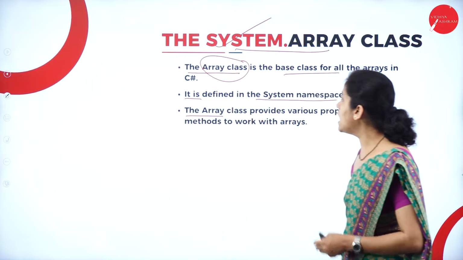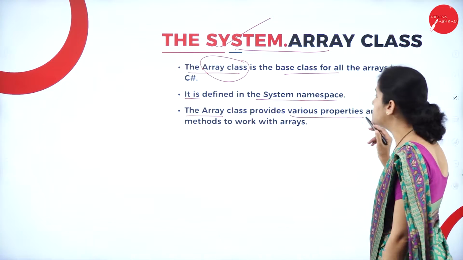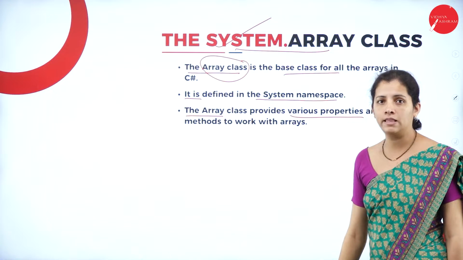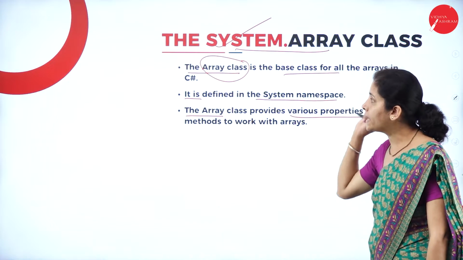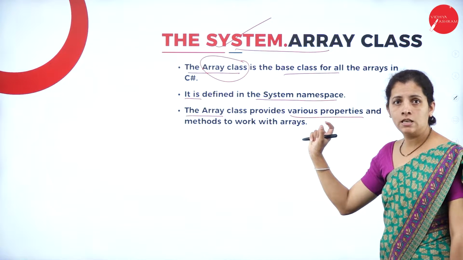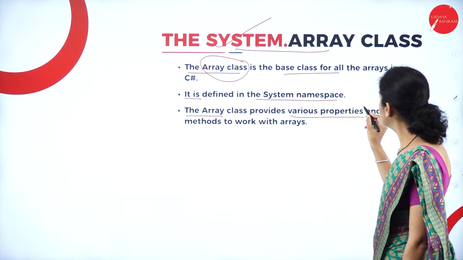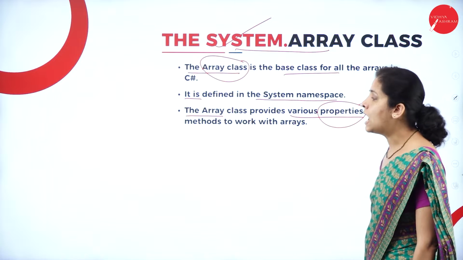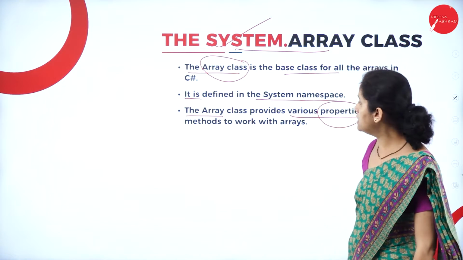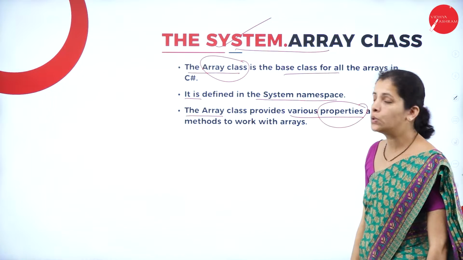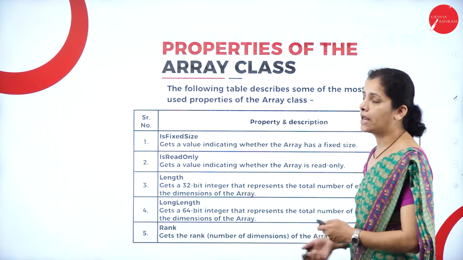So the Array class provides various properties as well as methods. That means when I consider the Array class, it includes properties as well as methods that are required to work with the arrays.